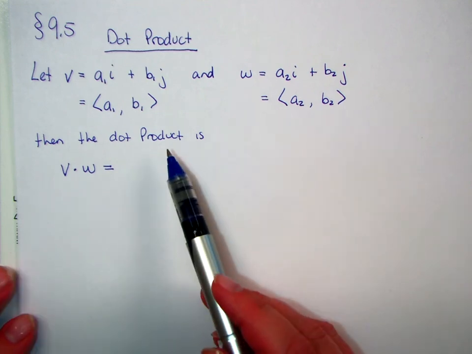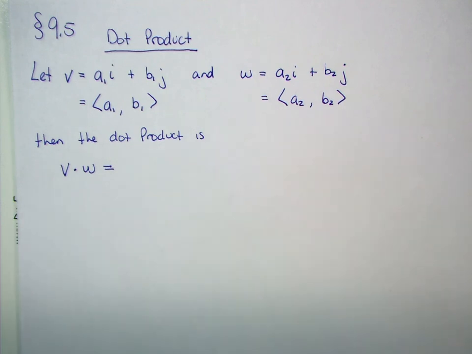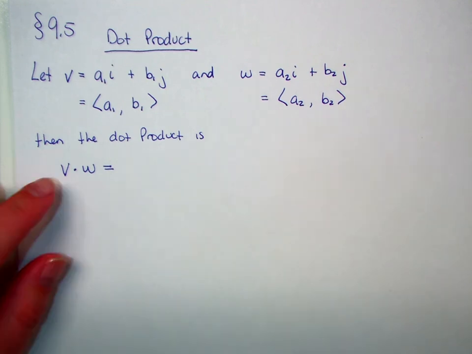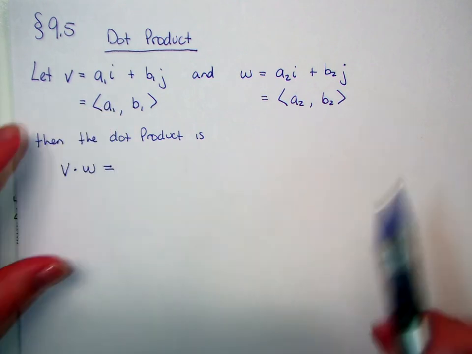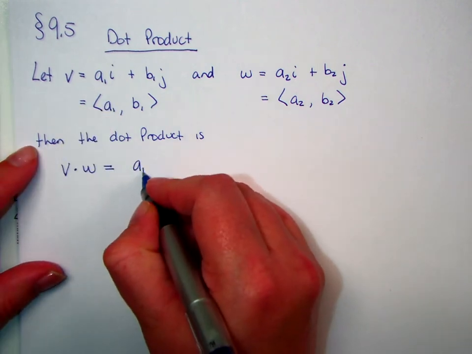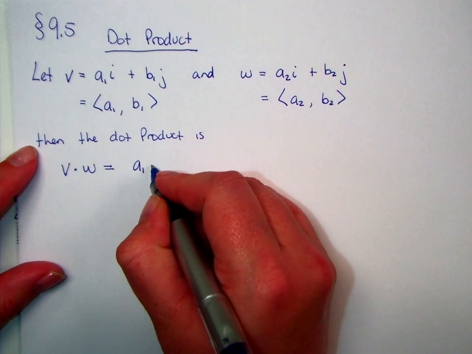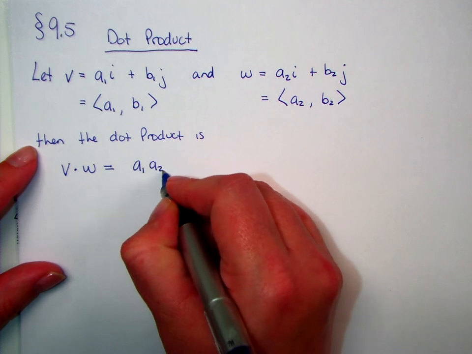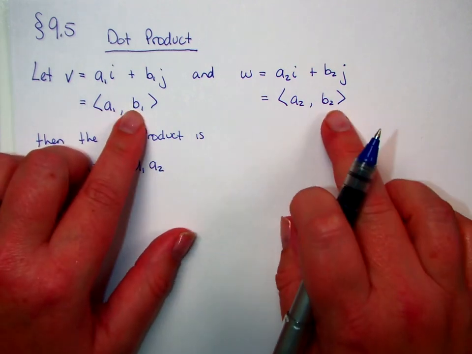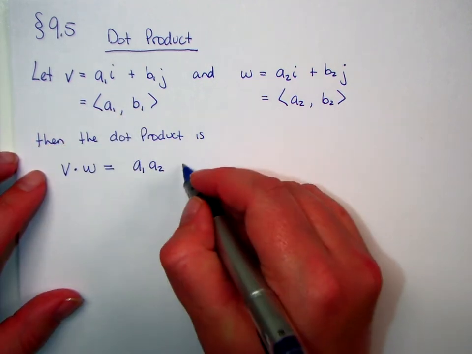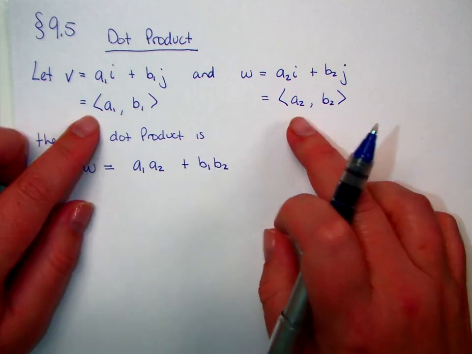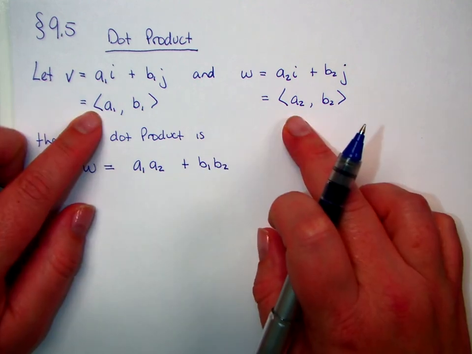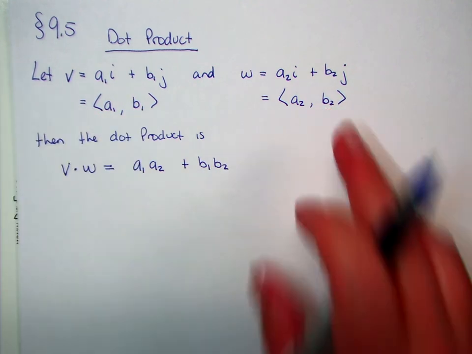So when we calculate the dot product, the formula is we're going to multiply the a components together, so a sub 1 times a sub 2. We're going to multiply the b components together, and then we're going to add them to each other. So multiply the a components together, add to it the b components multiplied together.